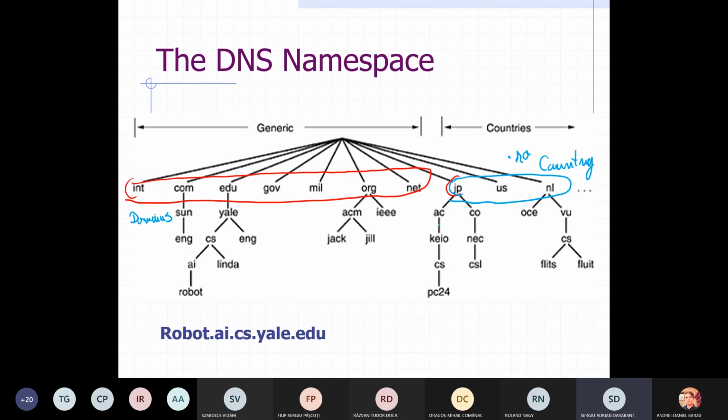So it could be UBB Cluj somewhere under RO, for example. And then as we go down, we can add subdomains to it. And we read it from bottom to top, robot.ai.cs.yale.edu.